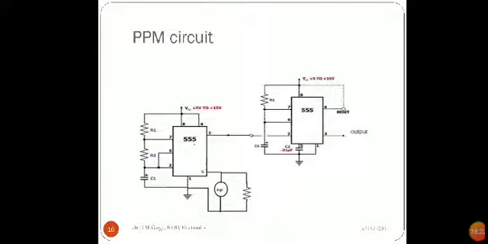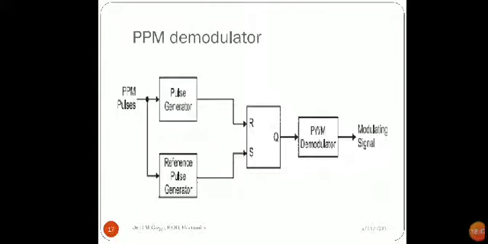This is the simple circuit. The left 555 circuit is the PWM and the right hand side 555 circuit is PPM, where the output of the PWM is used to trigger the monostable circuit of the right hand side 555. So the output of the right hand side 555 is the pulse position modulation.